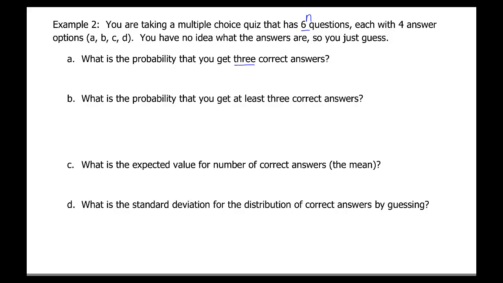Getting 3 correct, or 3 successes, that's going to be x. And our probability, p, since each has 4 options, the probability of selecting the correct one by guessing is 1 out of 4, which gives you 0.25 or a 25% chance of guessing correctly.